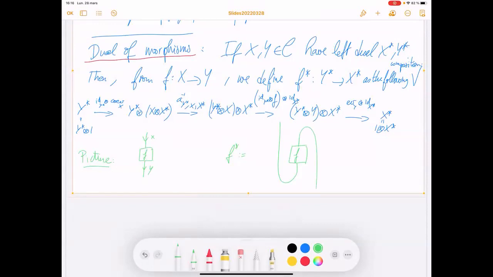So here you start from Y star and finish with X star, and all the intermediate can be understood as the previous composition.